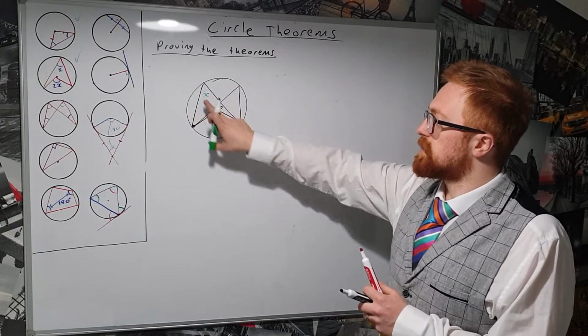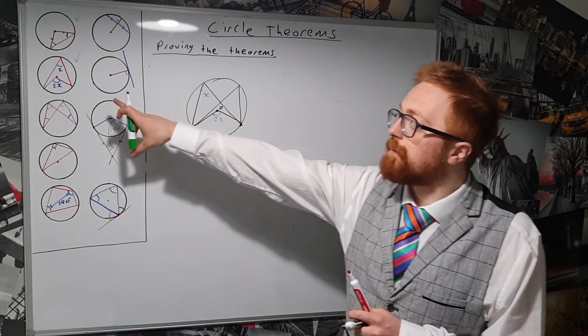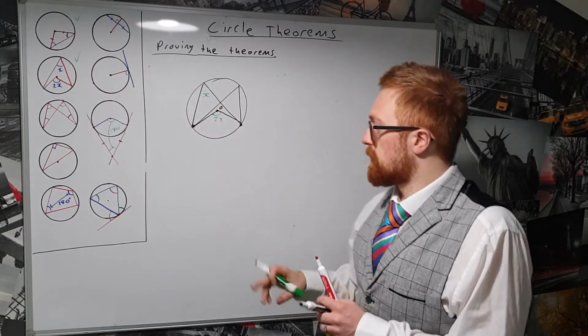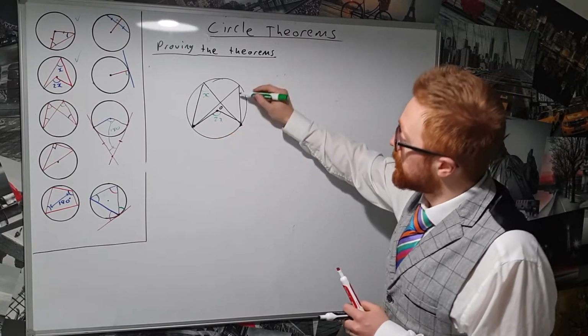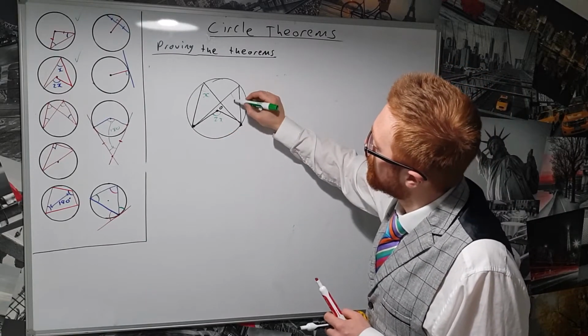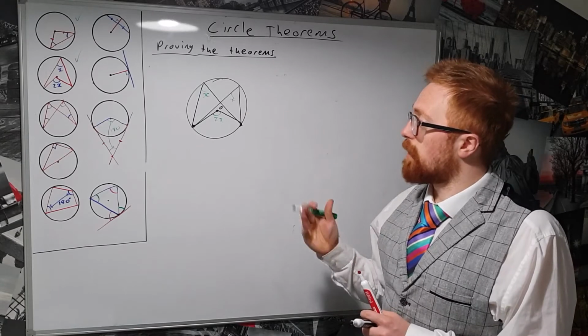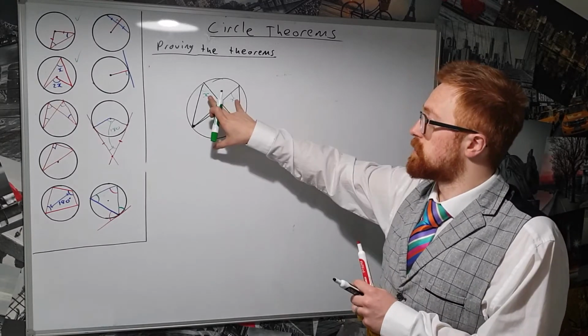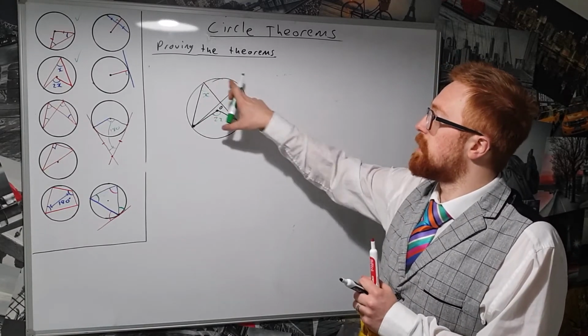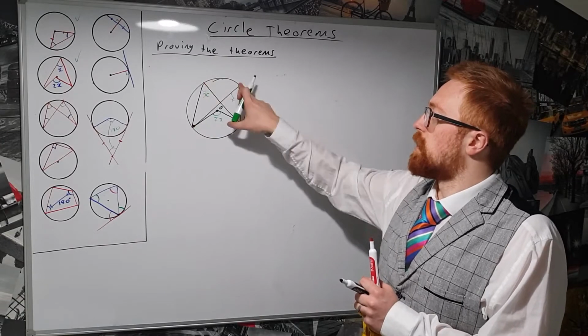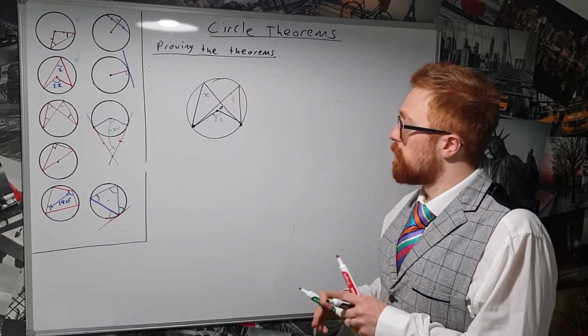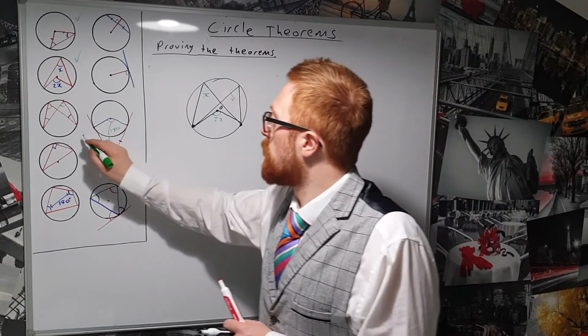Because this is x, this is 2x, because the angle at the centre is double the angle at the edge. For the same reason, I know that this angle here is also x, and because x equals x, those two angles are the same. This is irrespective of where in this arc we draw those two points, it will always work. So that is our third one done.